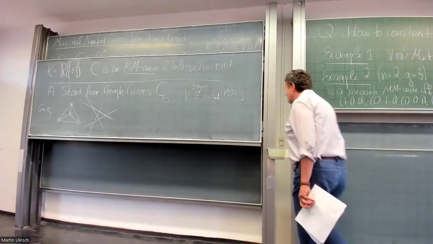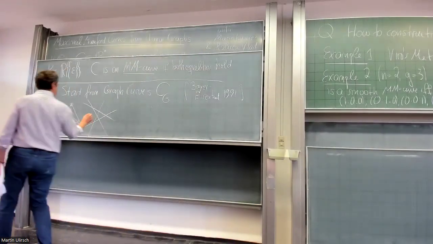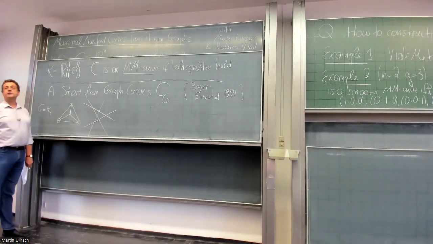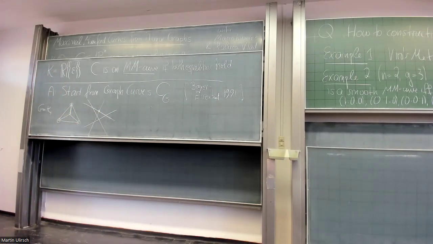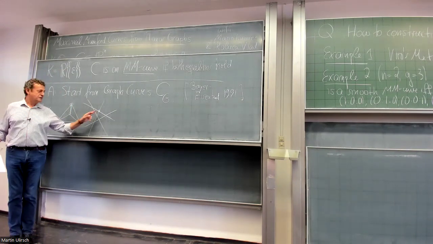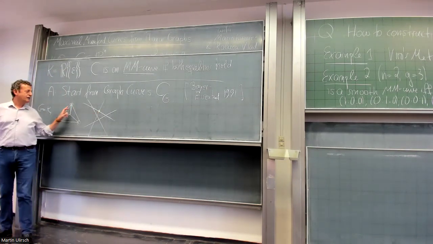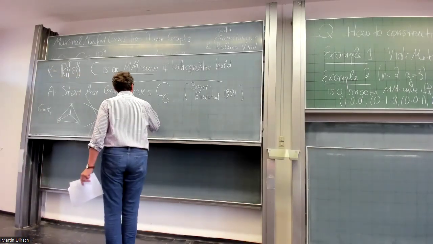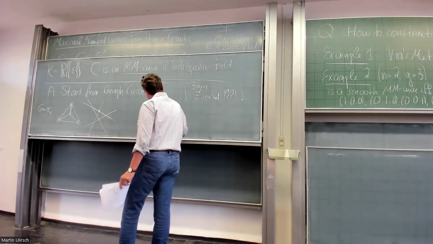So just to illustrate this, each intersection point here corresponds to an edge in the graph. So for now, this is just a graph, no weights or lengths on the edges. But of course, many of you already think about this as an arithmetic surface with a nice rational number attached here that then serves as the length. Okay, these are graph curves. Another graph that we maybe like is this graph.